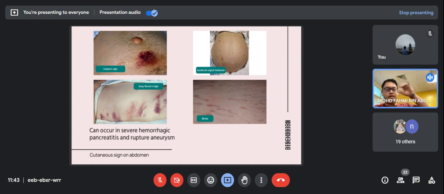So seraya ni ada banyak ke? How you divide seraya? Okay, seraya ni normal ke tak normal lah orang tanya kan? Normal if the patient had undergo pregnancy. Normal if the patient had undergo any pregnancy before.